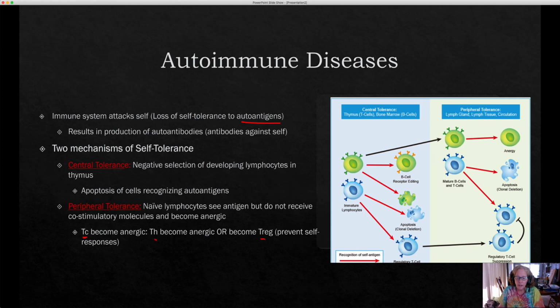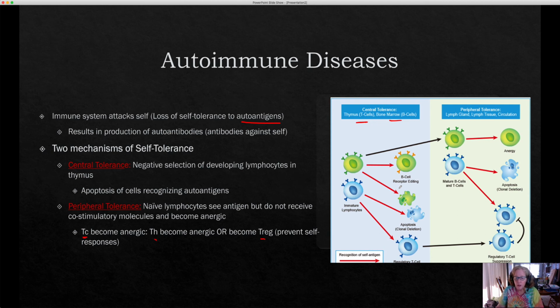So here on the right, we have a diagram that might help clarify some of what I'm trying to explain. Central tolerance occurs in the bone marrow and thymus. The cells are being primed, and they're going to react against autoantigens.